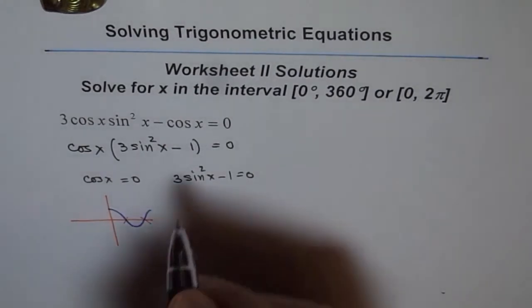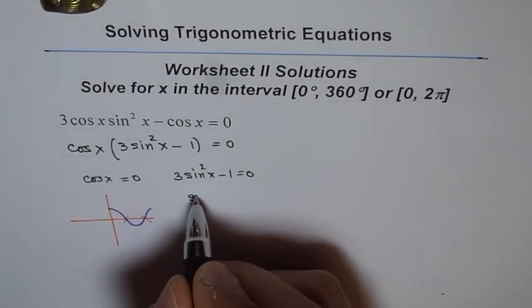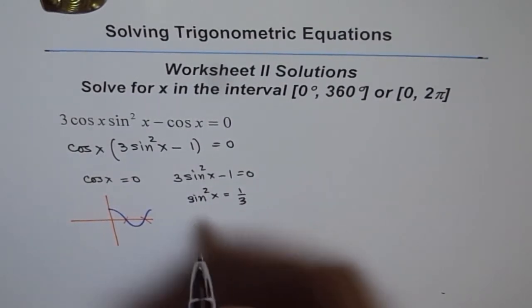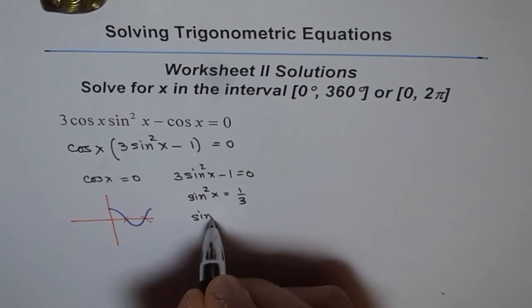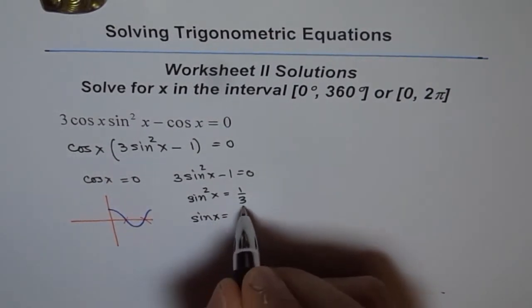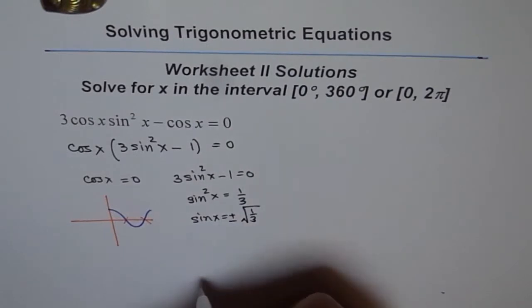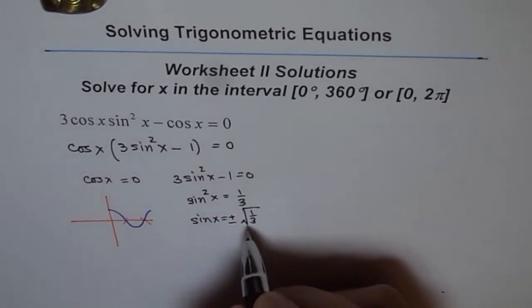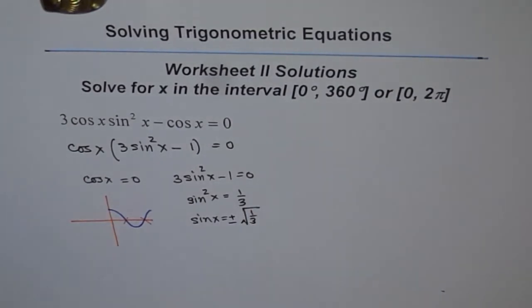On the other hand, let me first write sin squared x equals 1 over 3, and then sin x equals, whenever you take a square root, don't forget to do plus and minus. So we get sin x equals plus and minus square root of 1 over 3.